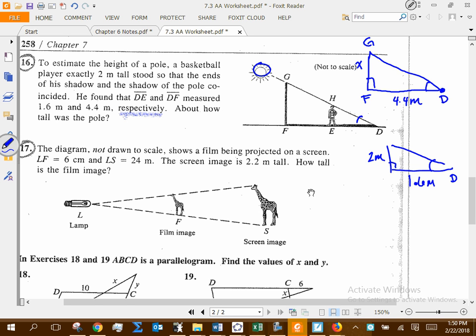Could I say X compares to 2 as 4.4 compares to 1.6? So I end up with 8.8 equal to 1.6x. X ends up being 5.5. Everything was in meters, so it's meters.